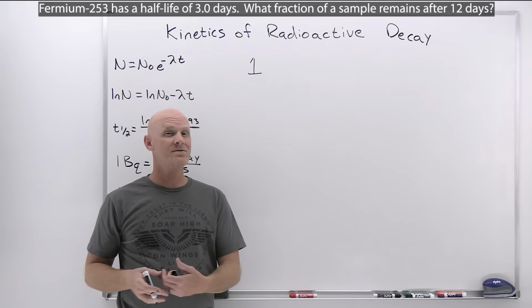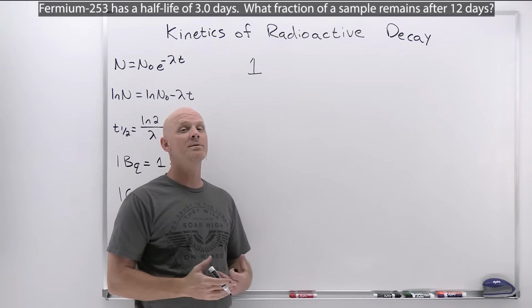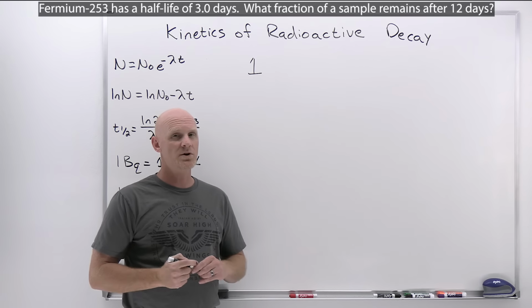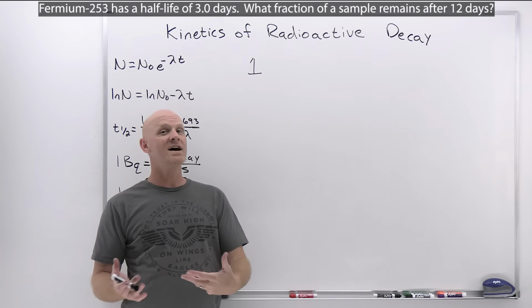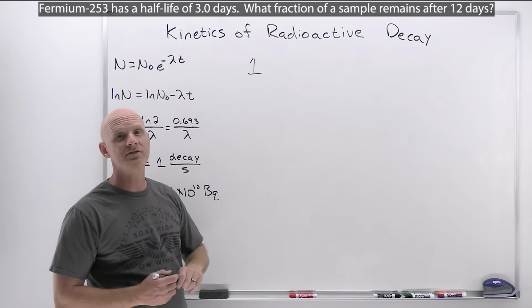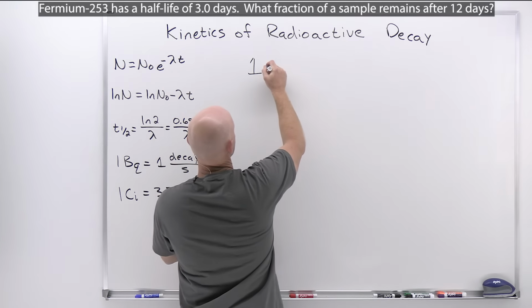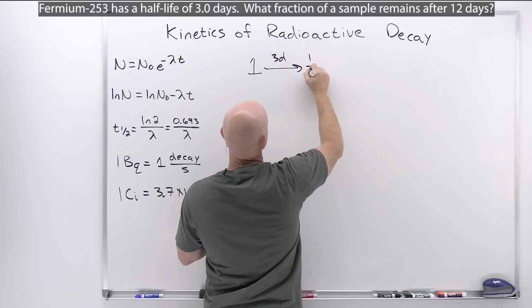So here we're told the half-life is 3.0 days for fermium-253, and the amount of time that's going to pass total is going to be 12 days, which notice 12 days would be 4 sets of 3 days, 4 sets of the half-life time, 4 half-lives. And we're just simply going to cut this in half 4 times. And so over the first 3-day period, from our 1, we're going to cut that in half.